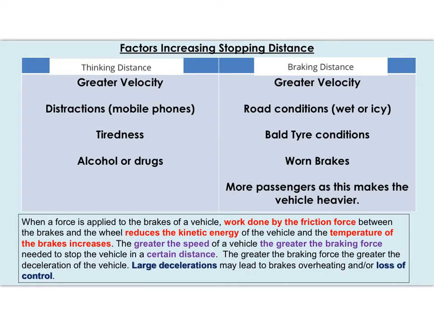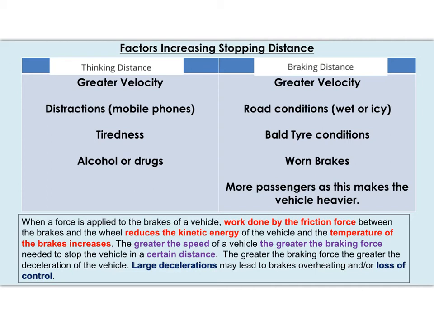Okay, so now we're going to look at factors that increase stopping distance. Remember, stopping distance is made up of thinking distance and braking distance. There are some factors that will affect both thinking and braking distance, and some that will affect just one of them. If we look at thinking distance, if you have a greater velocity, the thinking distance is going to be greater.